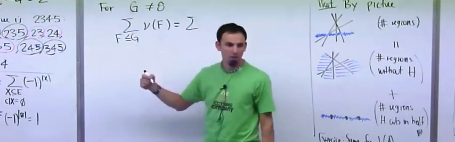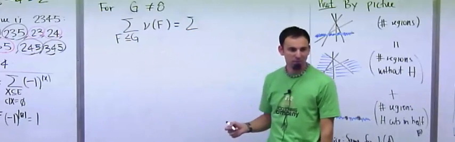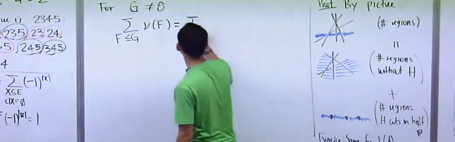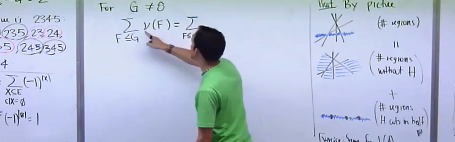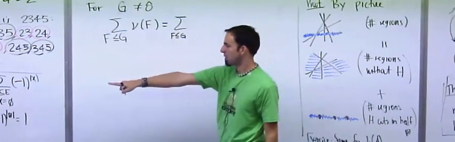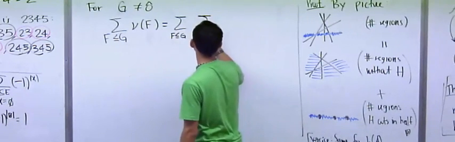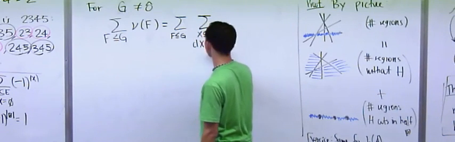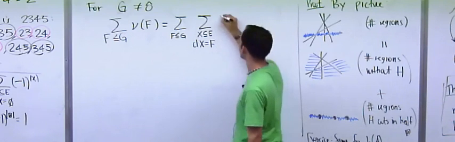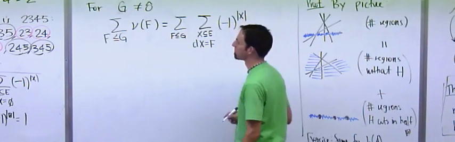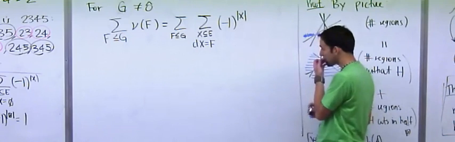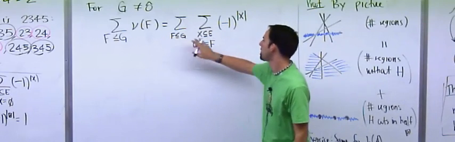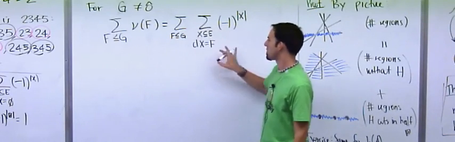Because f and g are elements of the poset, so they're flats. And it's good if we call them f and g because that sounds like flats. So now summation for f less than or equal to g of nu of f. And by definition, nu of f is this summation. So I sum over the flats less than g, the sets whose closure is f.